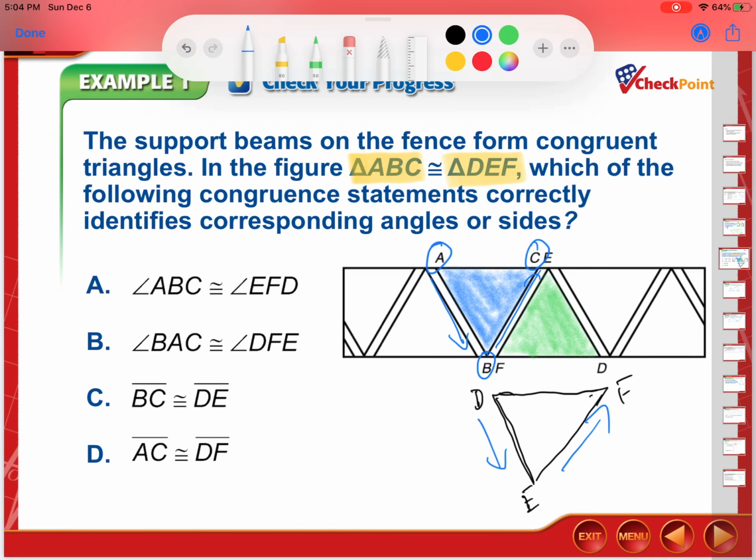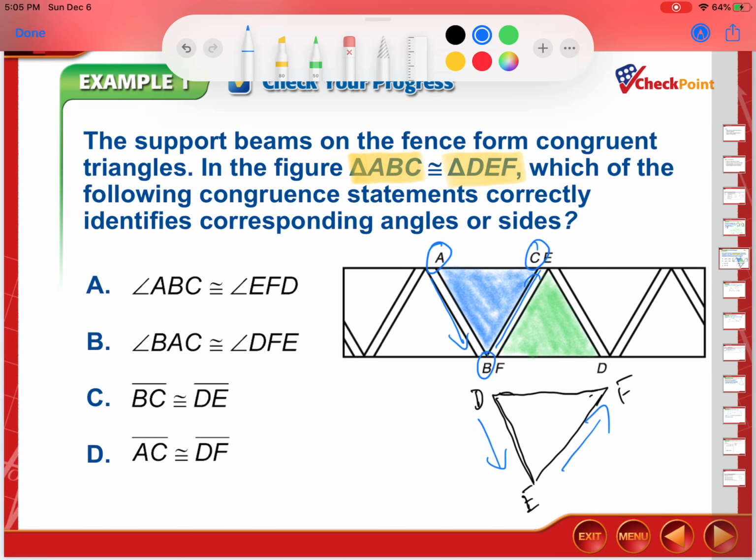And so they want us to write congruent statements, and they want to know which one. Okay, pause. They want us to identify which of the following congruent statements correctly identifies corresponding angles or sides. So let's look at the first one.